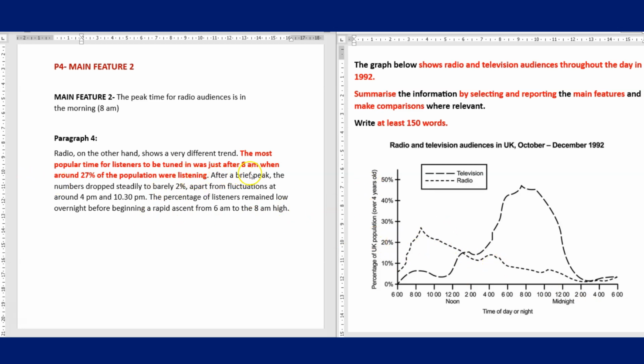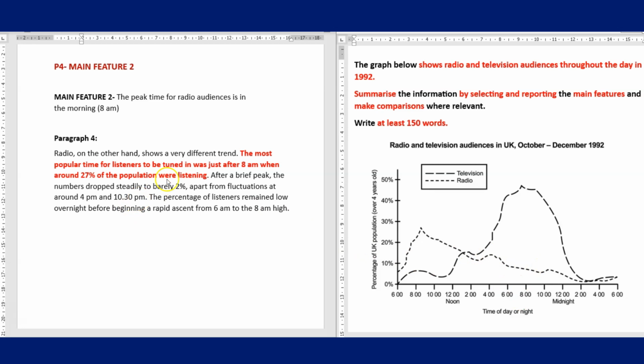So after a brief peak, the number dropped steadily to barely 2%, apart from fluctuations at around 4 p.m. and 10:30 p.m. The percentage of listeners remained low overnight before beginning a rapid ascent from 6 a.m. to 8 a.m. high. So it just remained low like that until the next day it grew up again. So this is how the whole trend for this one is.